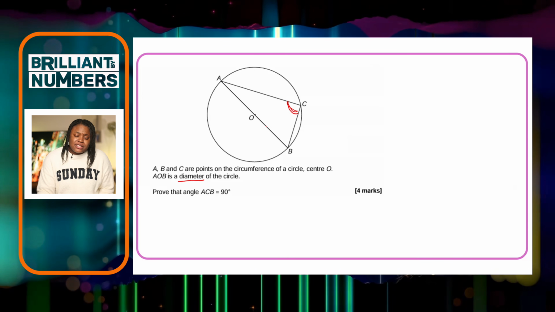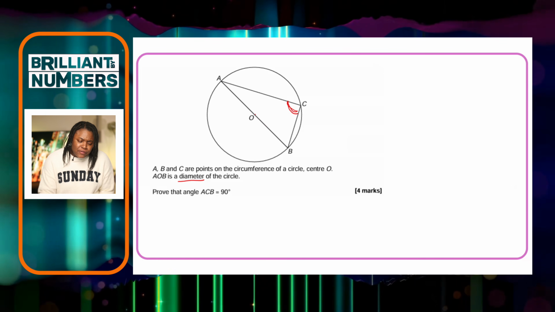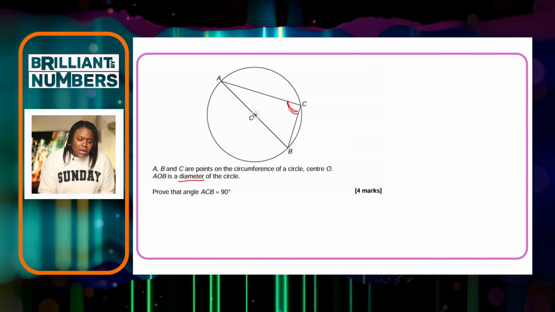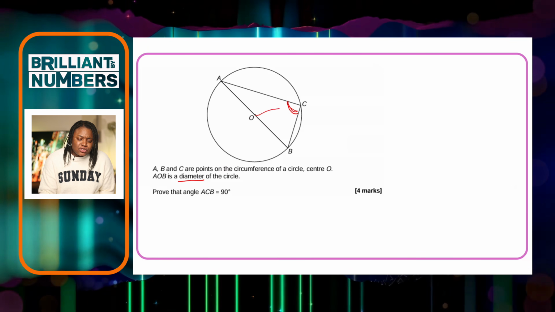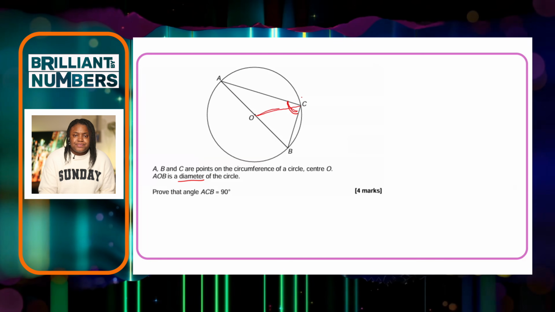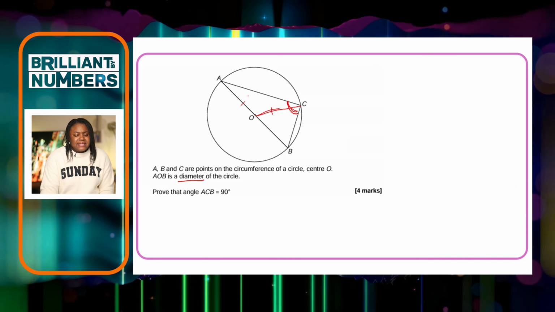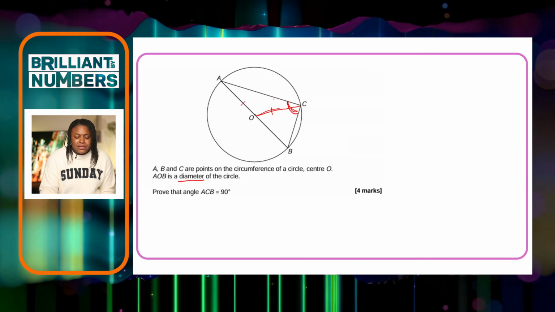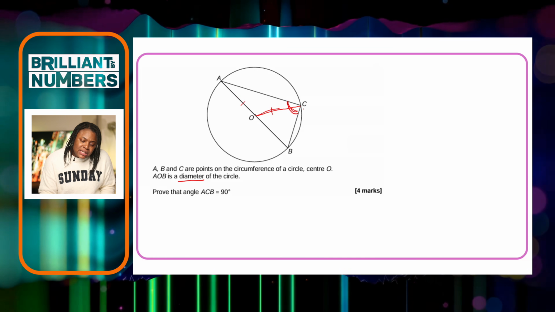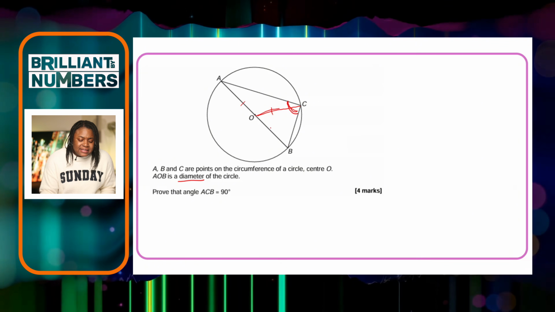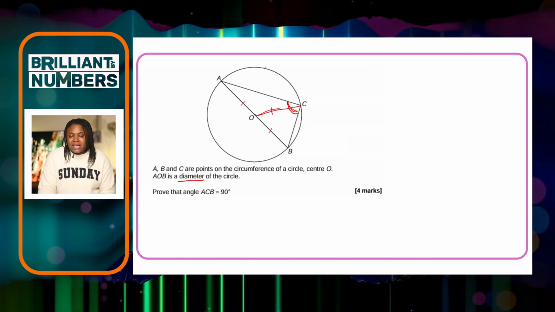So the way to do this question is from the center of the circle here, we are going to draw a radius to create 2 triangles. Now, this is a radius, which means this is an isosceles triangle. OC is a radius, OB is a radius. This is another isosceles triangle as well.